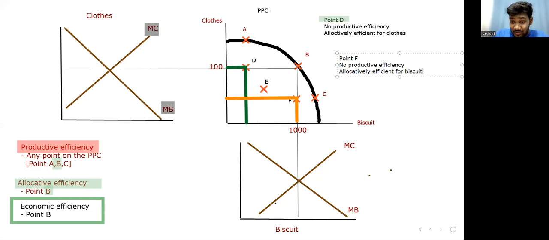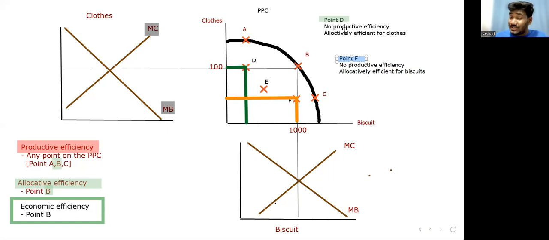Why? Because you're producing the right amount of biscuits. At point F, you're producing 1,000 biscuits, allocatively efficient. But clothes, you're producing less. Is that clear, guys? So for points D and F, why is it not productively efficient? Because you're inside the PPC, not on the PPC.